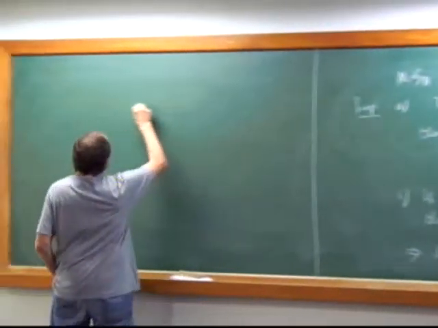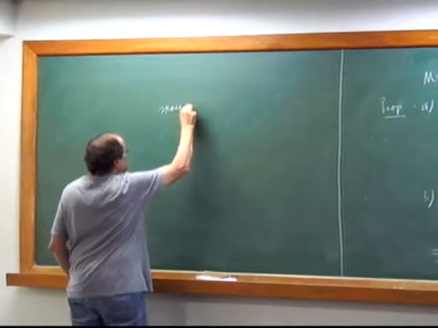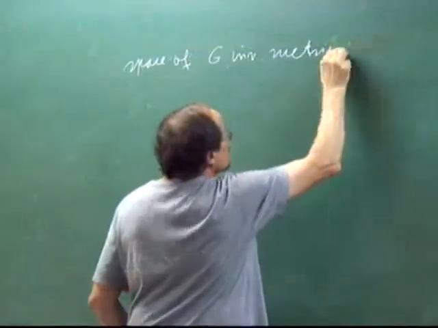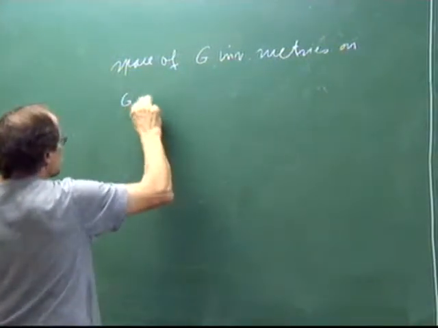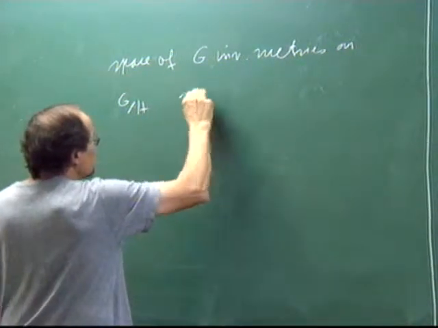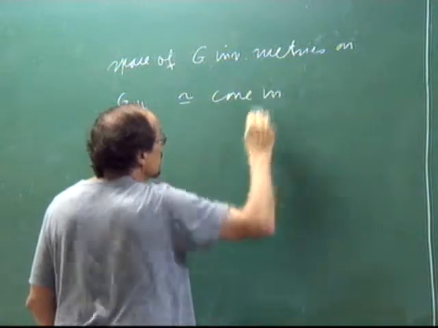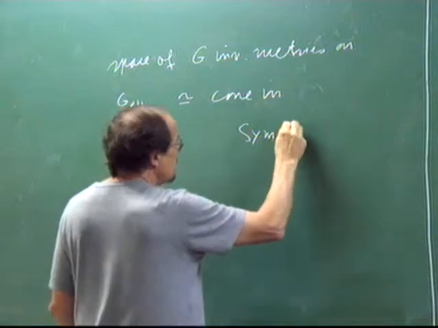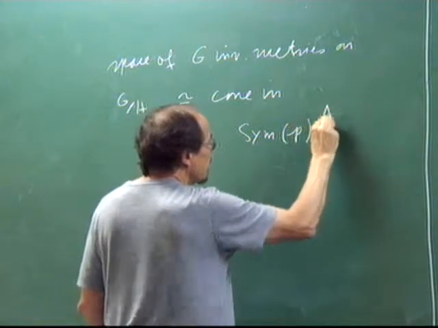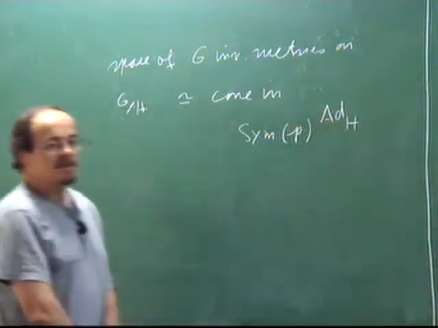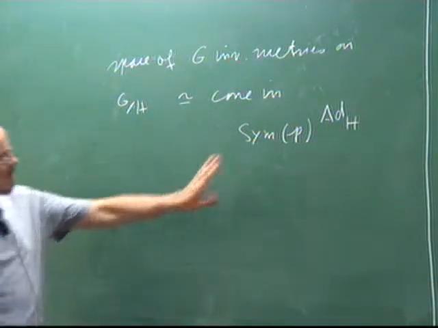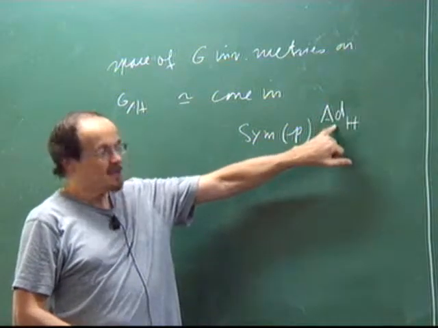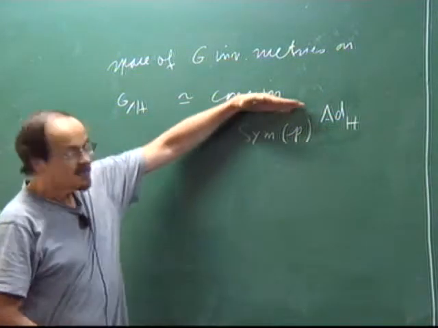So the space of G invariant metrics on G mod H is identified with a cone in the vector space of symmetric bilinear forms on P invariant under Ad H. An inner product is certainly a symmetric bilinear form, and it must be invariant under Ad H. This becomes a vector space.